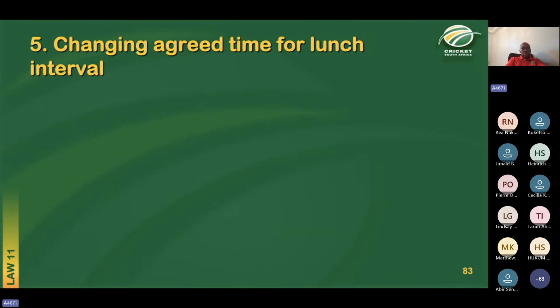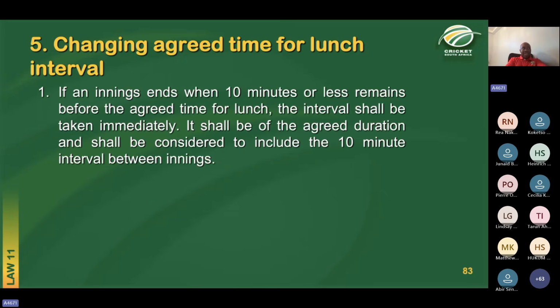Now we come to specific times when there will be a change in the agreed time for the lunch interval, whether there is an agreement or not between captains and umpires. The law here is specifying that there will be a change to the agreed time for lunch.